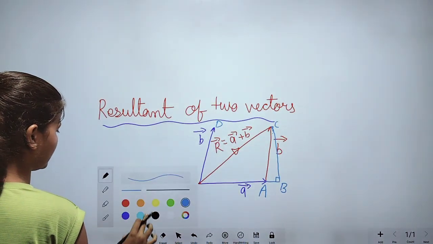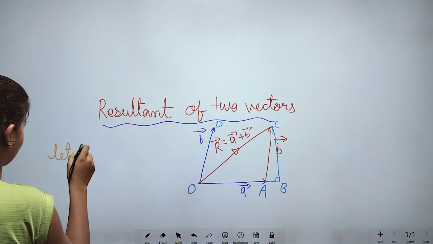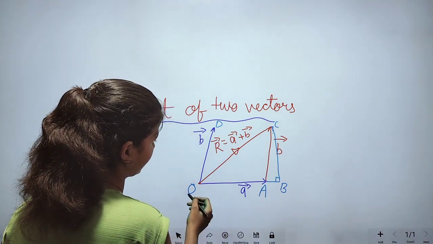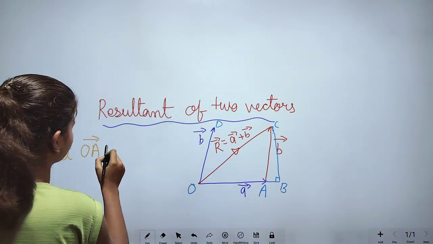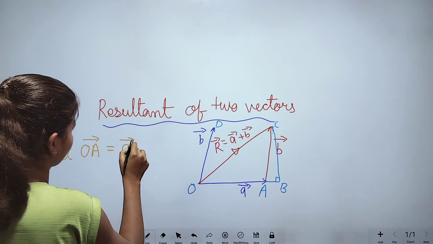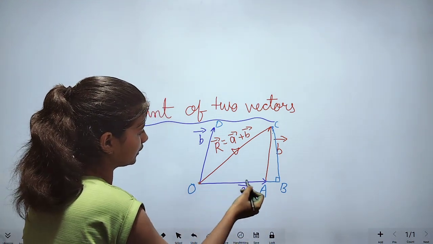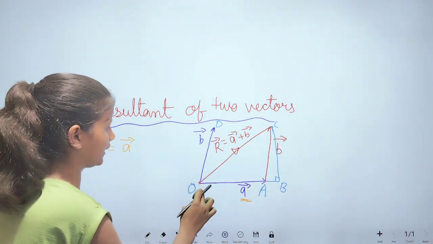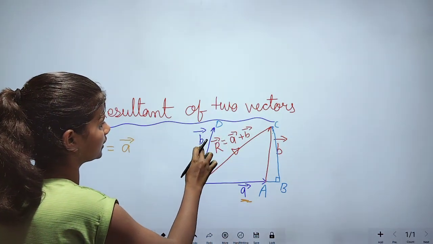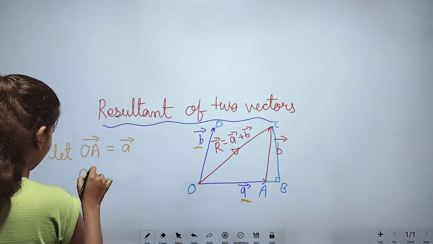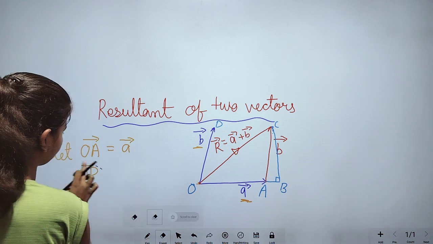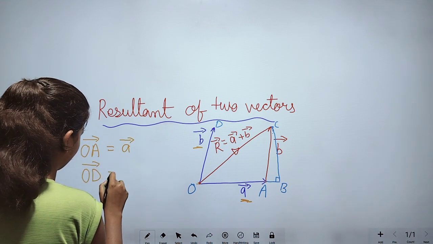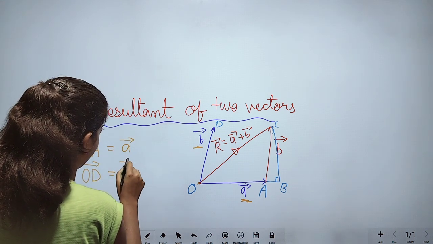Now let OA vector be equal to A vector. Like here you can see that OA vector is equal to A vector, and OD vector is equal to B vector.